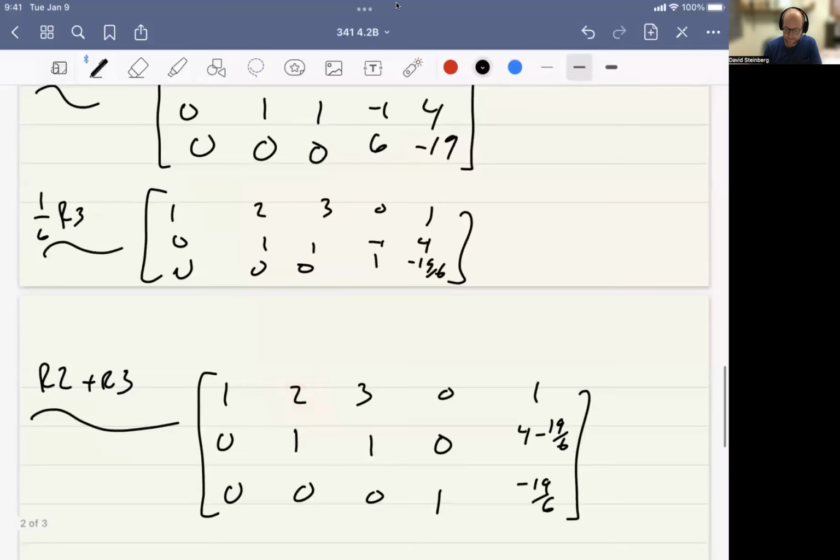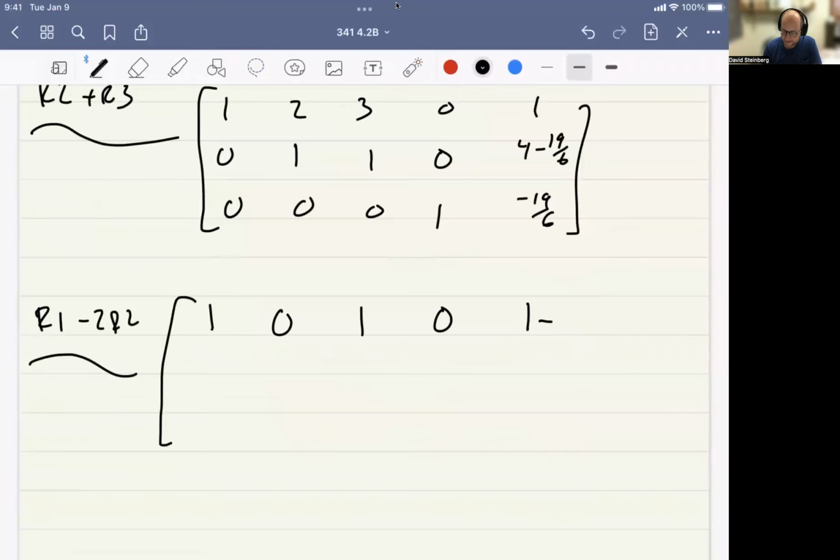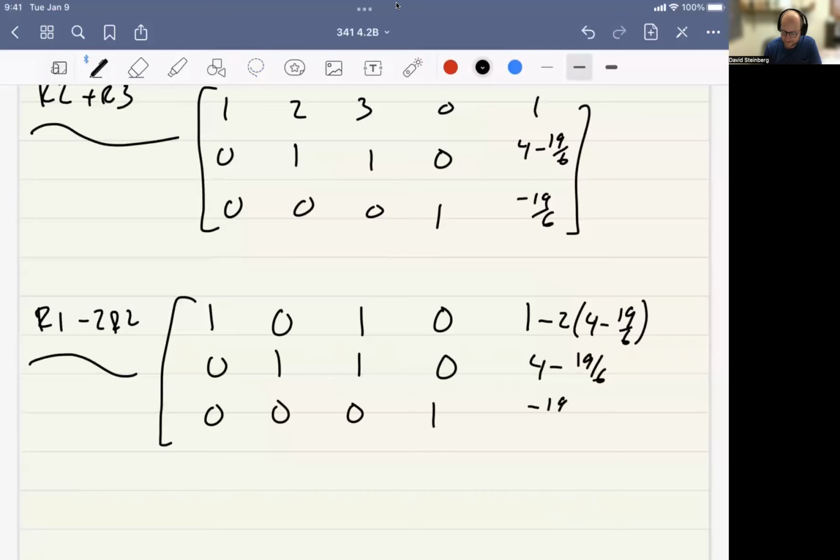So let's do row 1 minus 2 row 2. So now 1, 2 minus 2 is 0, 3 minus 2 is 1, 0, and now we've got 1 minus twice 4 minus 19 over 6. Forgive me for not doing that in my head. I've got a lot of skills, but mental arithmetic is just not one of them.